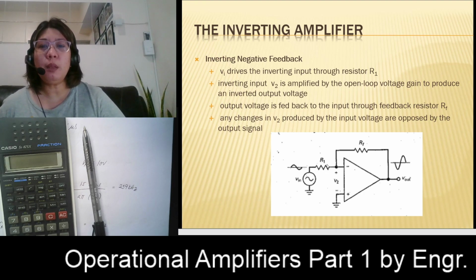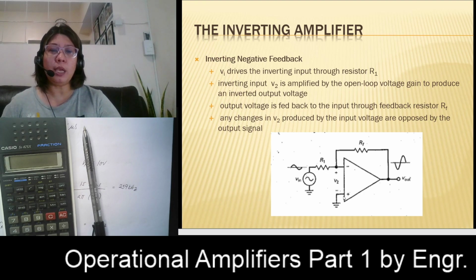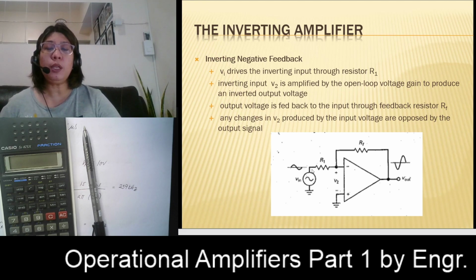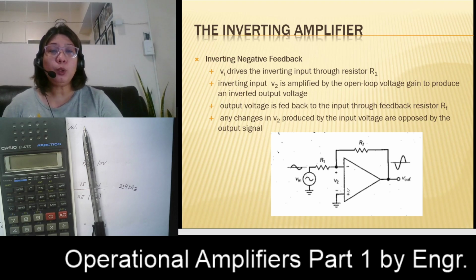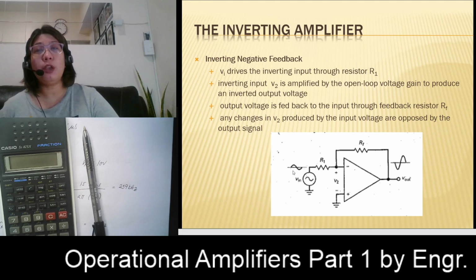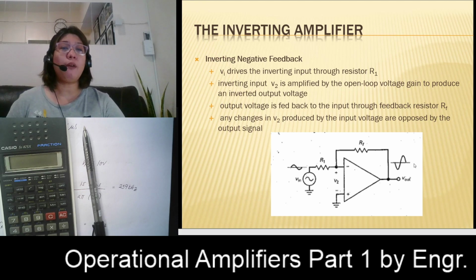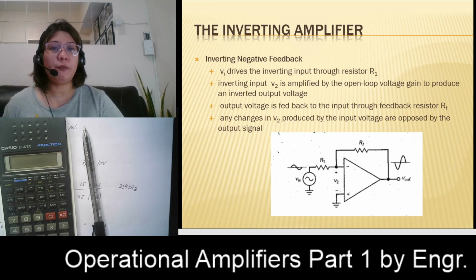The inverting input V2, plus or minus V2 here, is amplified by the open loop voltage gain to produce an inverted output voltage. So if we have our input voltage here, as you can see, you have an amplified voltage with a 180 degrees phase reversal.